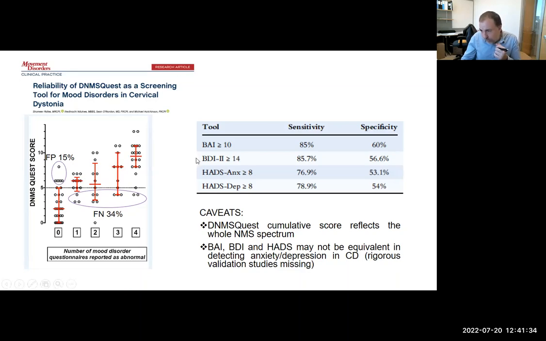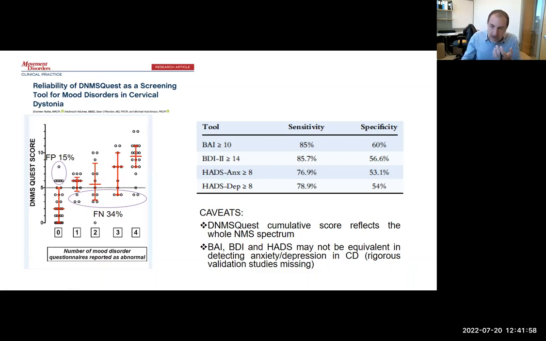And the other problem that I found in this study is that the gold standard here were rating tools like the Beck Anxiety and Depression Inventories or the Hospital Anxiety and Depression Scale, which have not really been definitively tested for accuracy against the gold standard, which would be a diagnostic interview.